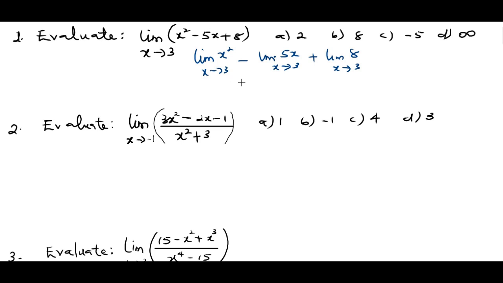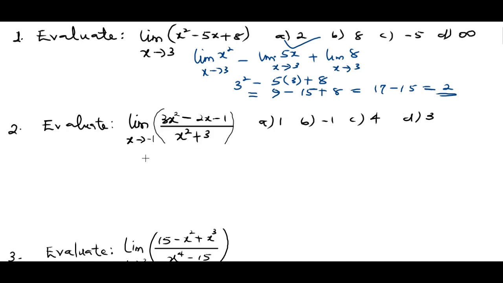So here you substitute 3 for x. That will be 3 squared minus 5 into 3 plus. Don't forget what we said about the limit of a constant. It will give you that constant. So here you write 8. So this is 3 squared, that is 9, minus 5 times 3, that is 15, plus 8. So basically we have 9 plus 8, that is 17, minus 15, and that is 2. So the answer to question 1 is 2.